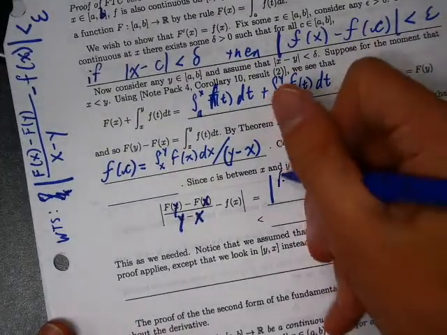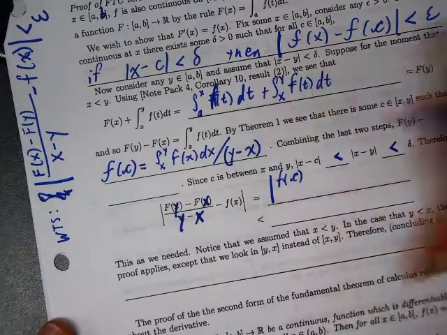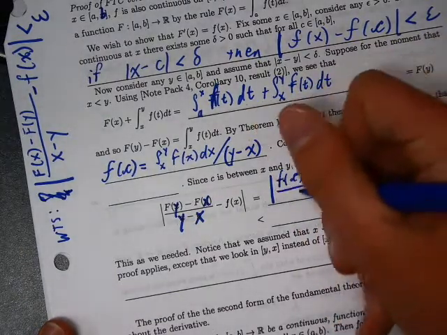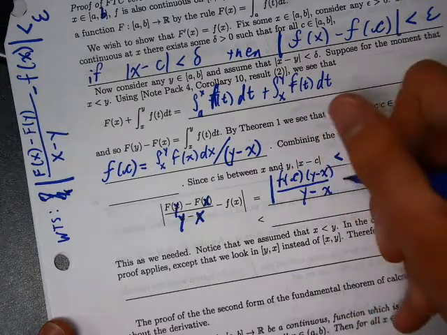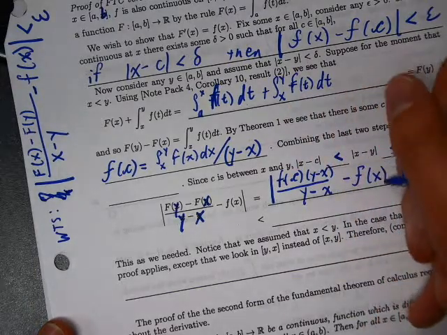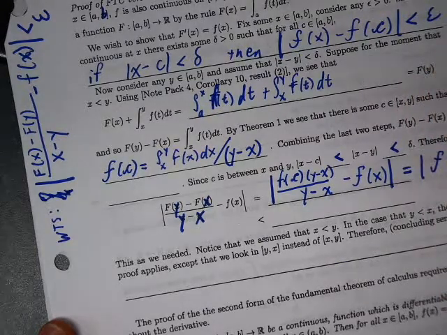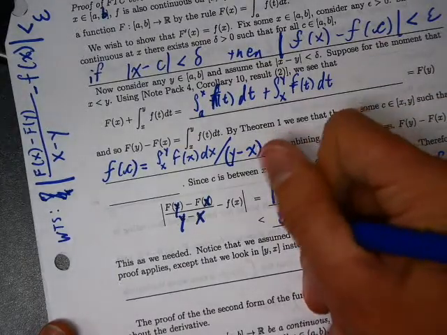So that means that this is little f of c times y minus x all over y minus x, minus little f of x. Okay, but that's exactly the same as the absolute value of f of c minus f of x. Nice. That's less than epsilon.